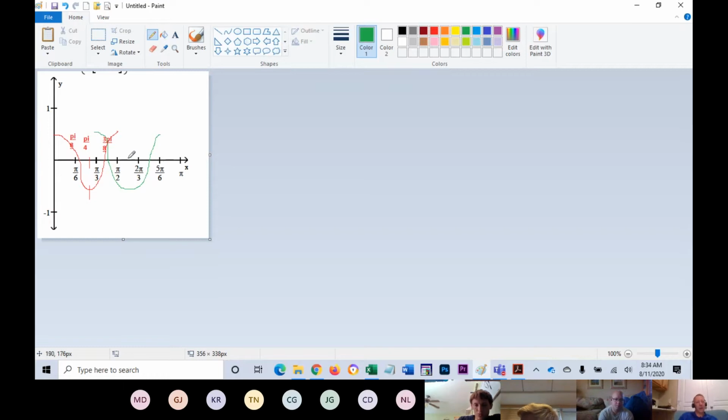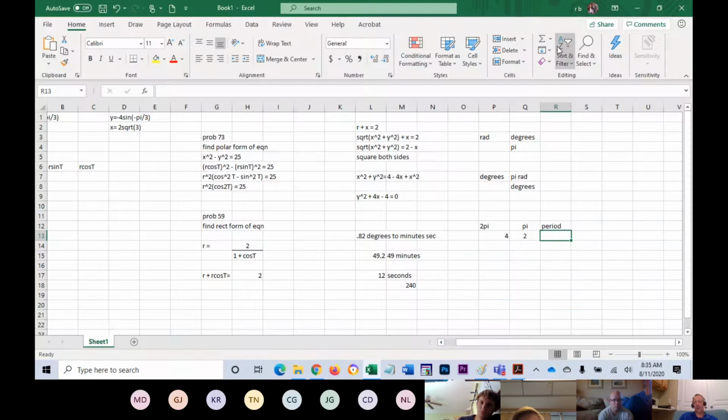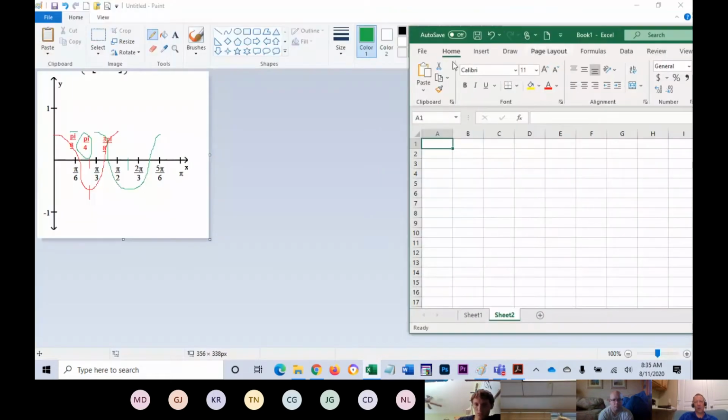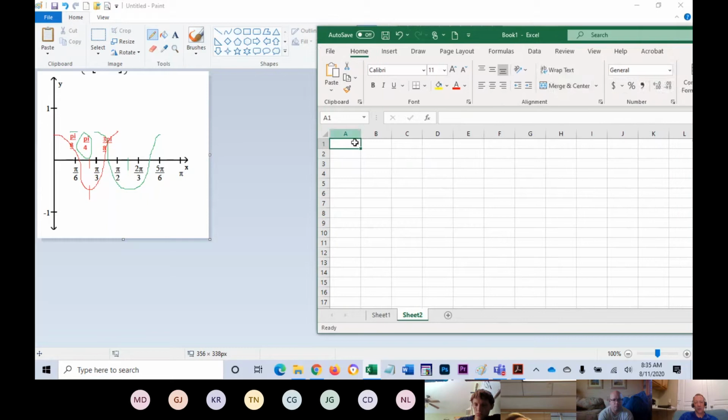So now the question is, we're going to need to find this point and these other 2 points. The easiest thing to do is, let's take this piece here. That's going to be pi fourths plus pi thirds.